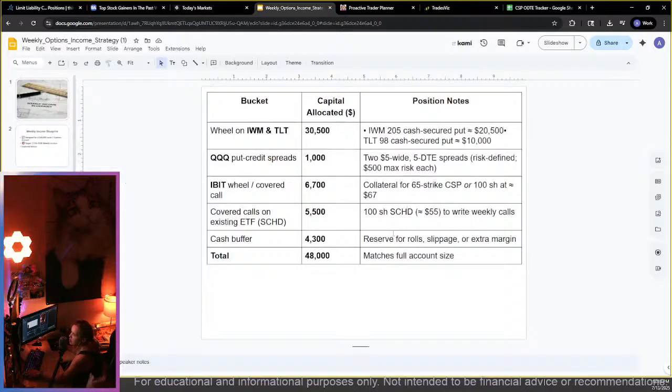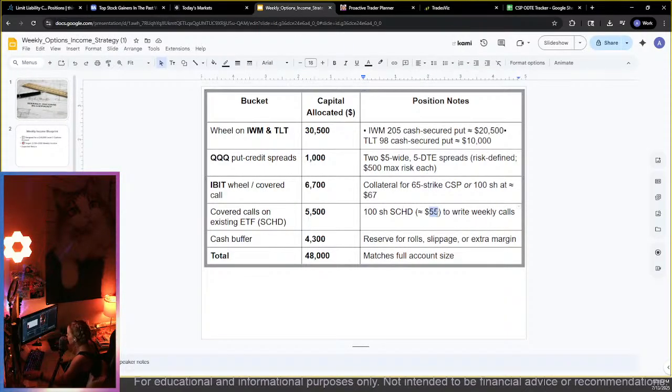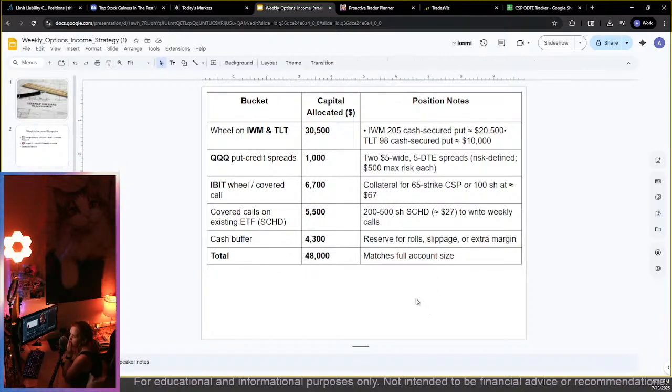I need to update this because this is only $27 a share. So this will be anywhere from like 200 to 500 shares, depending on how much margin you take out, and then the cash buffer, so that we can roll and move trades around.